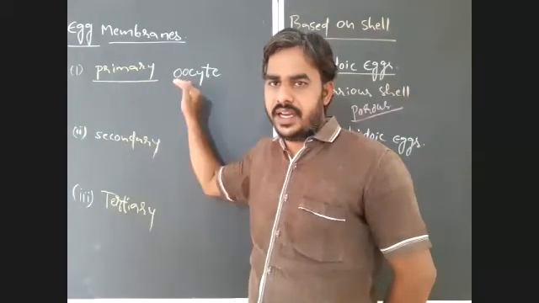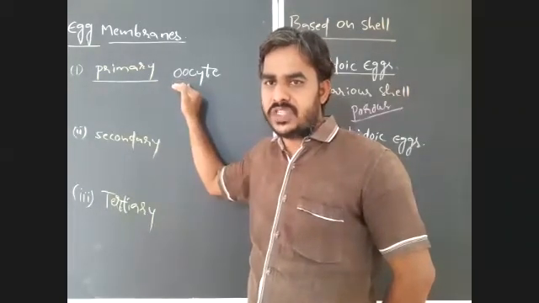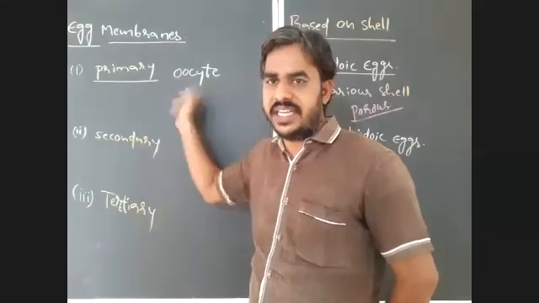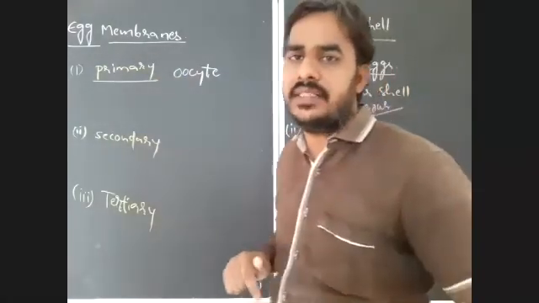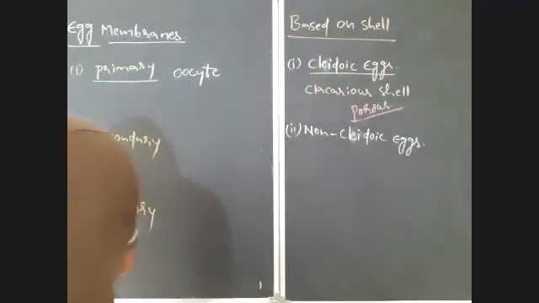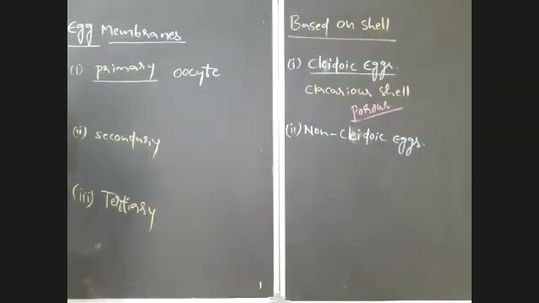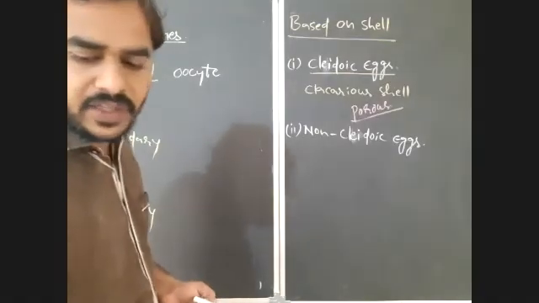If the egg membranes are produced by the oocyte itself, those egg membranes are known as primary egg membranes. For example, in human beings, which are the primary egg membranes?